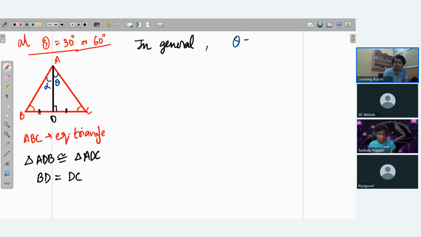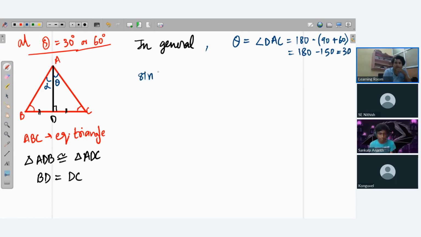Can you tell me what is theta? The value of theta. Angle CAD. 60 plus 90 plus x is equal to 180. So x is 180 minus 150, which is 30. So theta is 30 degrees. Okay.